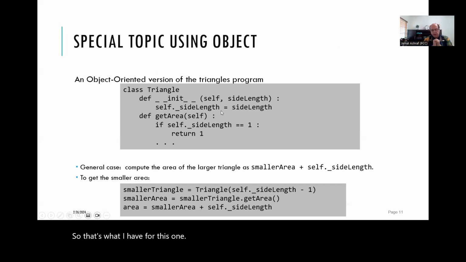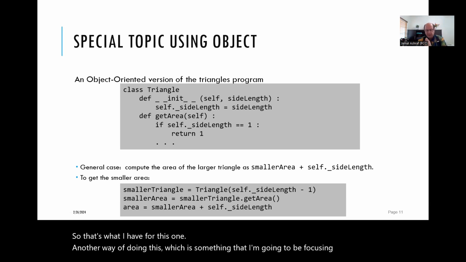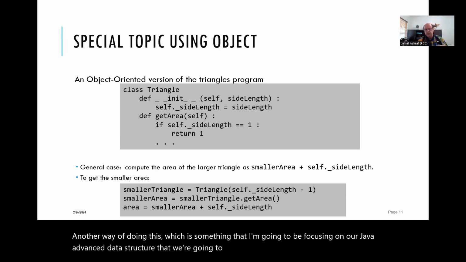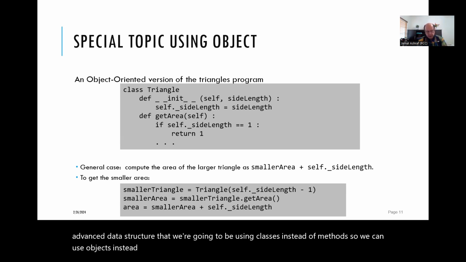Another way of doing this, which is something I'm going to be focusing on in our Java advanced data structure, is that we're going to be using classes instead of methods, so we can use objects instead. I don't think it's going to be in the scope of this class, but if you want to spend time to figure it out, that is a good thing to do.